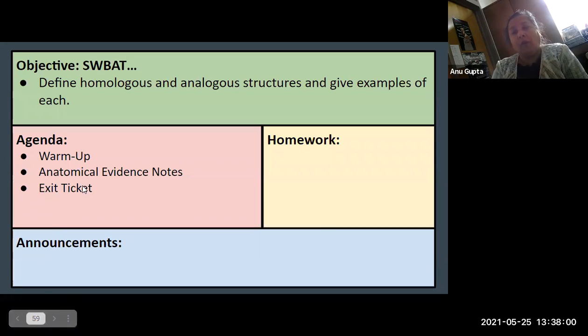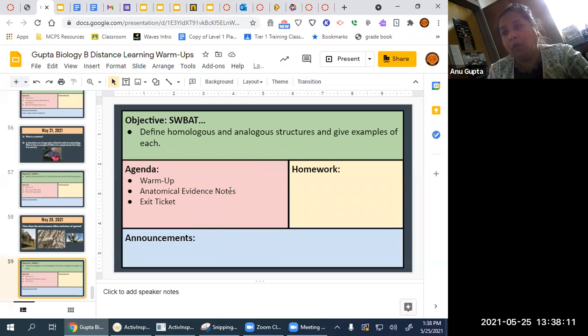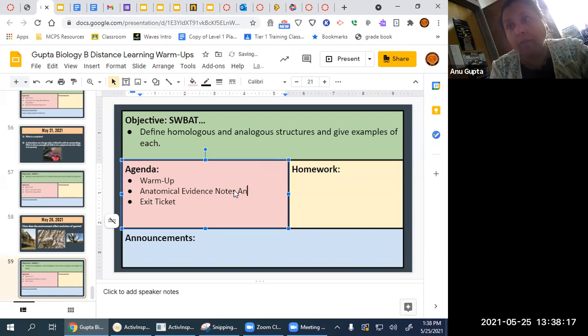So today, after the warm-up we've already discussed, actually the notes have already been done. So you've already done the notes, and if you still want to go back to the notes, you will have that. Then you will be working on the anatomical, homologous, and analogous assignment, which is a practice prep worth 10 points.